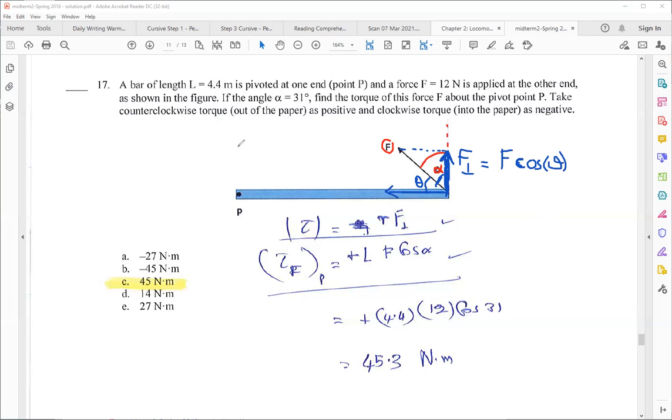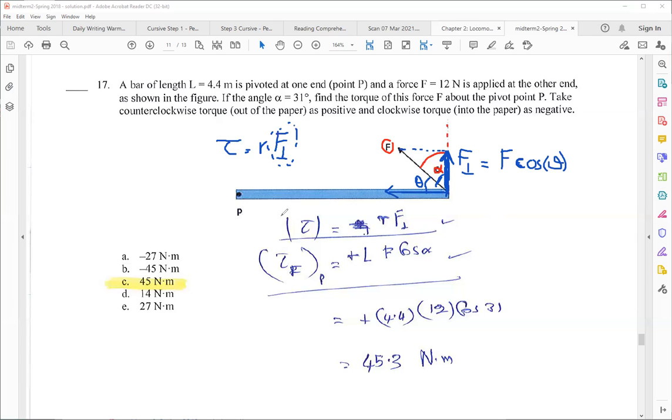Now, if you remember, we define torque as the distance r, between the axis of rotation and the force, multiplied by F sine theta, or for short, F perpendicular. But F perpendicular now is different. It's not F sine theta.